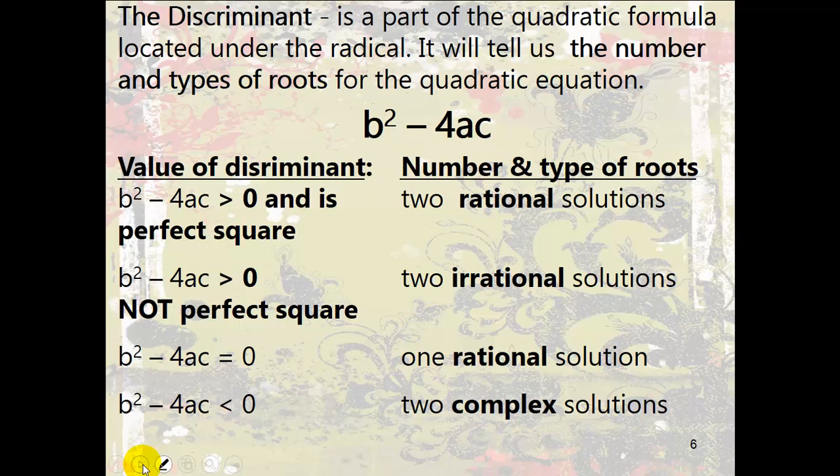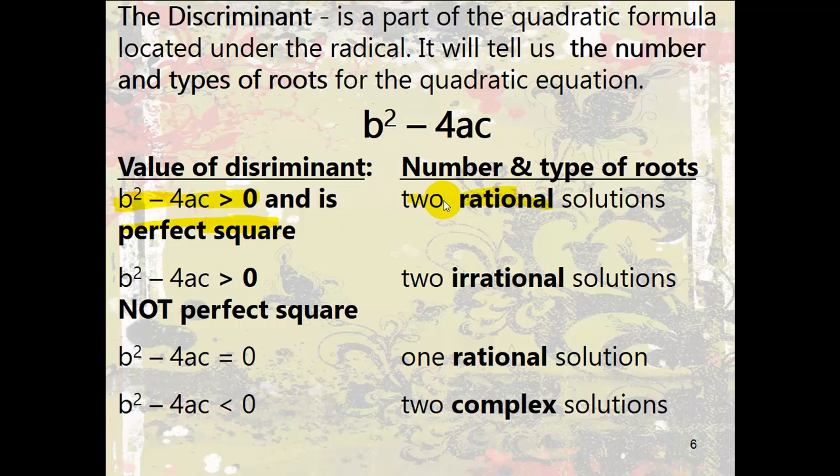So when we look at that value, whatever it evaluates to be, if it's bigger than 0, we have two options. If b squared minus 4ac is positive, meaning it's greater than 0, and it's a perfect square, then we have two rational solutions.